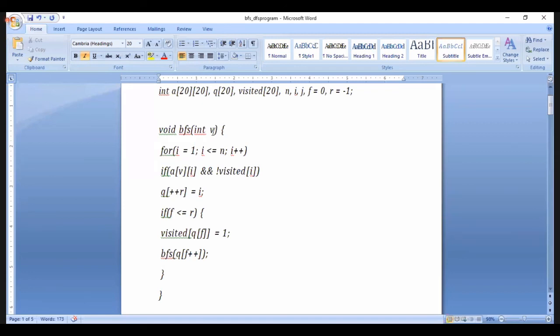For one only I am passing again, so I'm popping 1. Here it will not change. But V of 1, V of 2, V of 3, I mean 1 2, 1 3, 1 4, like that we will visit all the edges and vertices.